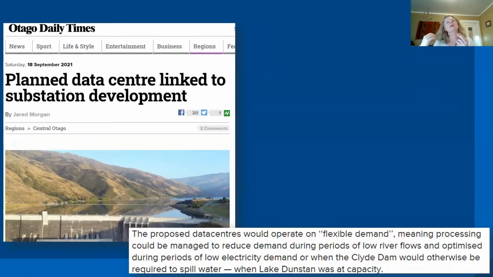So my example of this is I spent the bulk of the pandemic in the south of New Zealand, where I ended up getting stranded. This is a piece out of the local paper, right? This is the Willy Week of Southern New Zealand. And even there, there's all this talk about putting in new data centers, and they're talking about this technique, which they call flexible demand.